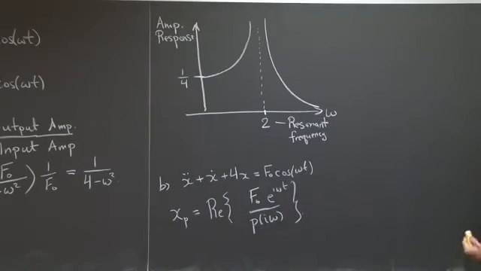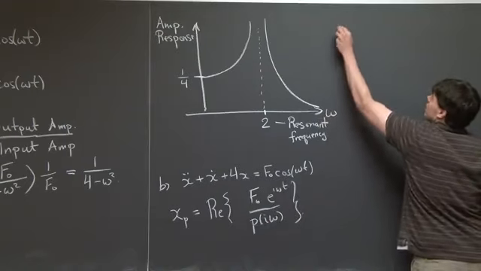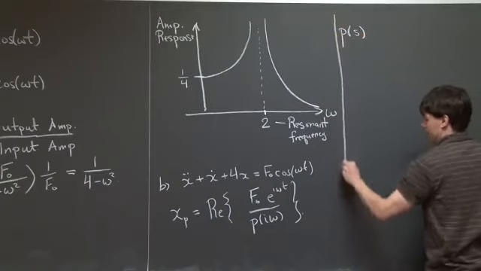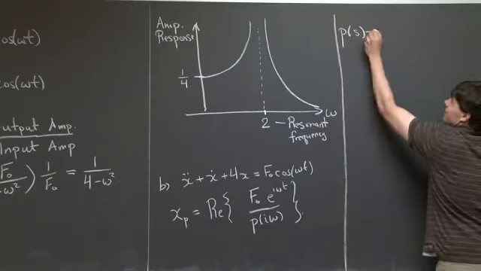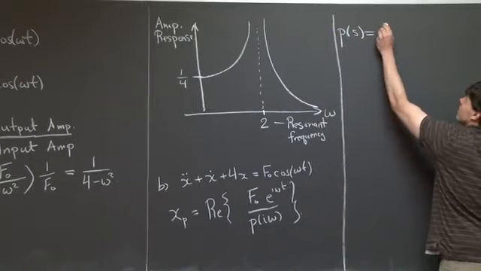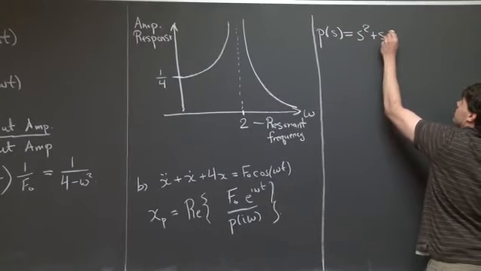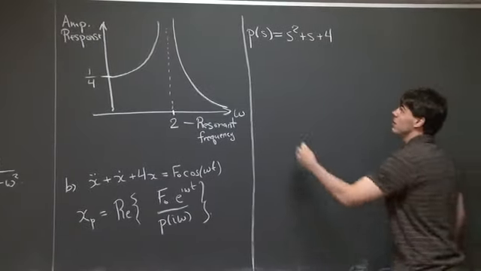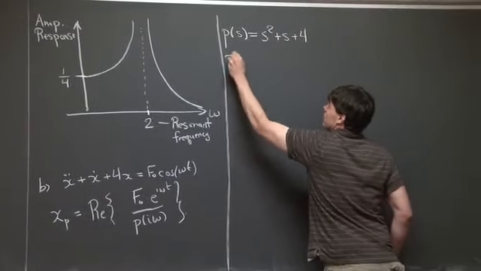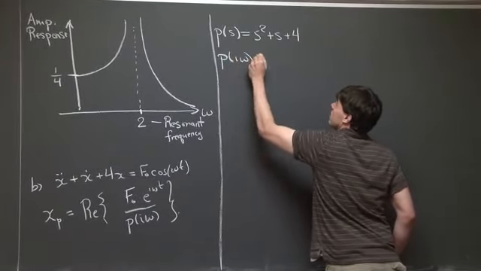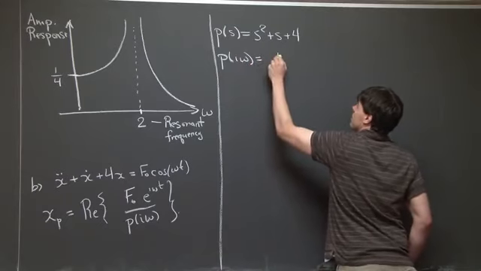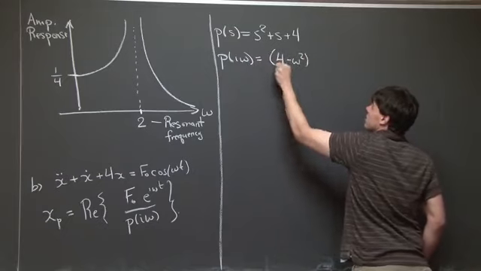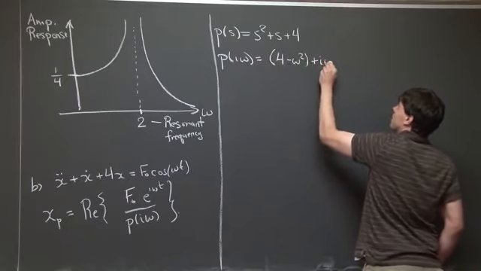And in this case, the characteristic polynomial P of s is s squared plus s plus 4. P of i omega is then 4 minus omega squared plus i omega.